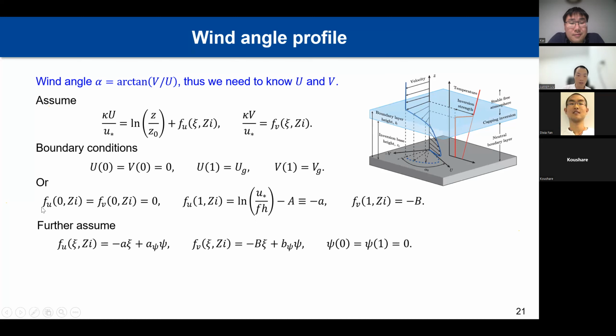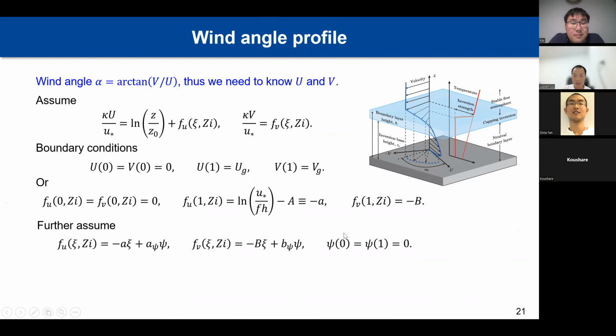Based on the boundary conditions, we can first assume the form of F_U and F_V. What we don't know yet is psi, but we require psi at the top of the boundary layer and on the surface to equal 0, such that F_U and F_V automatically satisfy these boundary conditions. But how can we determine the form of psi?